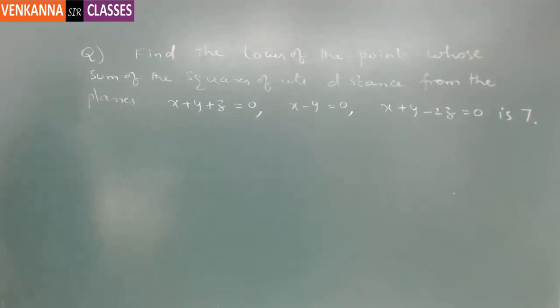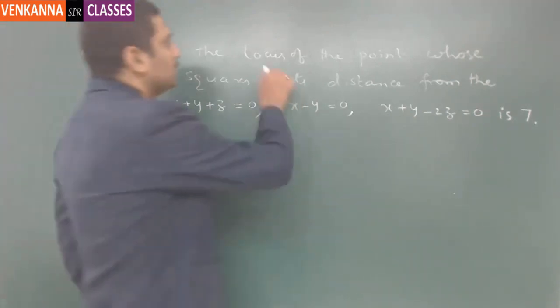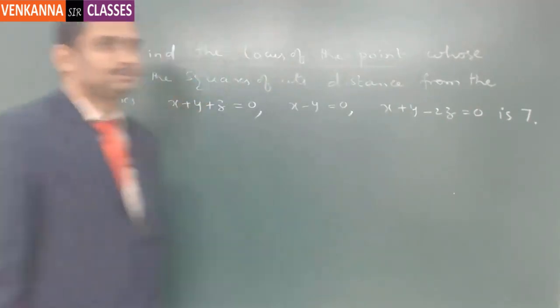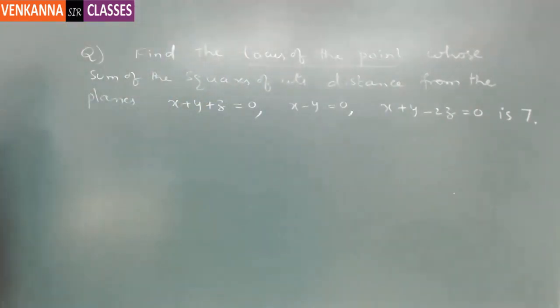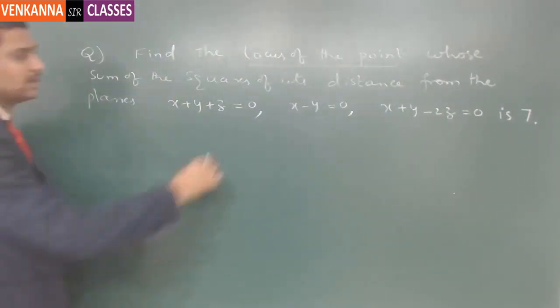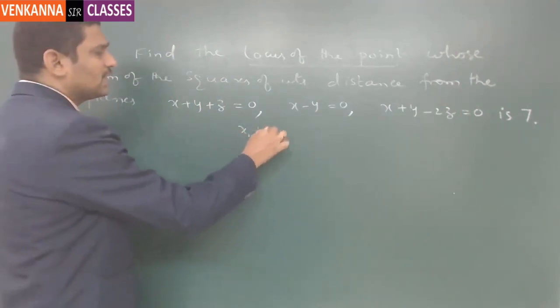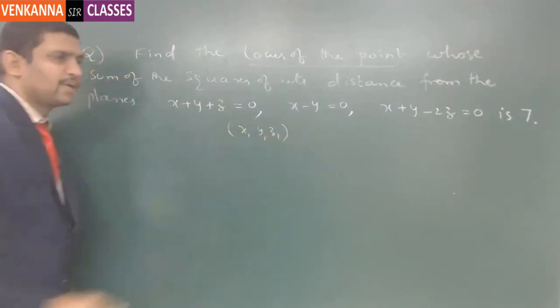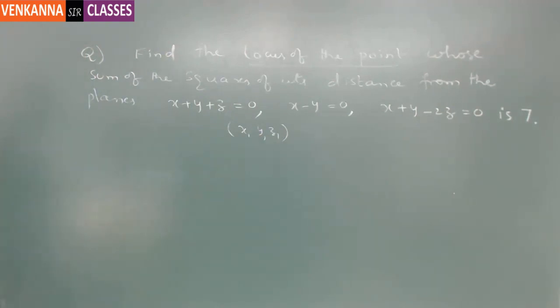So here you are going to find the locus of a point. Let us take x1, y1, z1 as the required point. You are going to find the condition, nothing but the locus satisfied by that point.